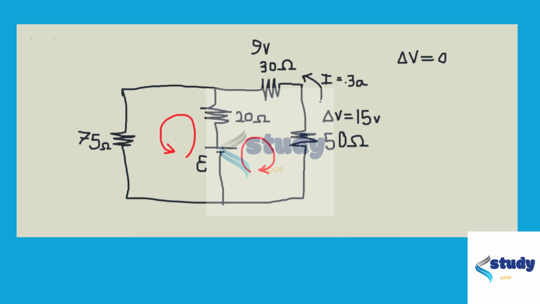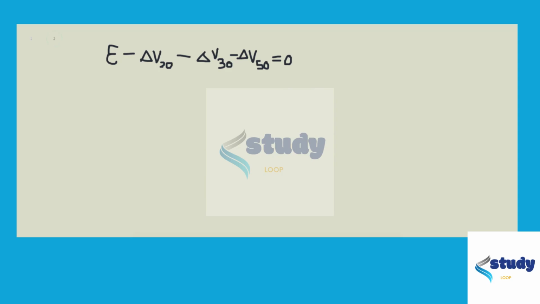Now, these two resistors are actually in parallel with this other 75 ohm resistor. And that means that the voltage drop across the 75 ohm resistor is actually equal to the voltage drop across the other two. And that's actually going to become really relevant for us in a second. So let's just rewrite what we've got here.